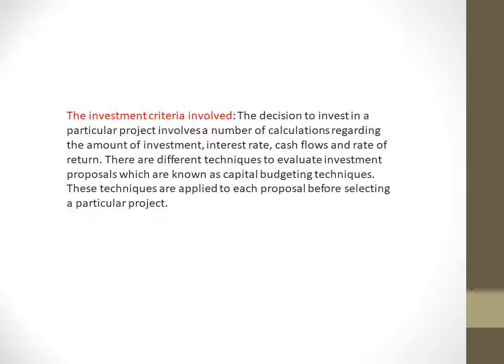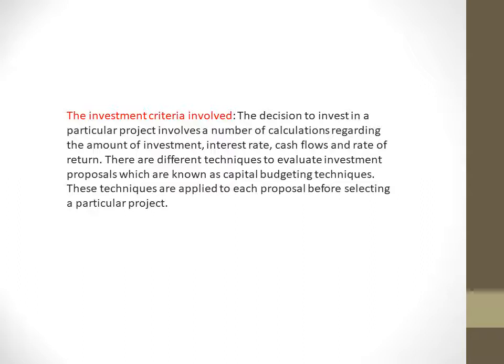The next one is investment criteria involved. There are various methods to calculate the return, as well as the criteria, that is, what will be the purpose of investment. The investment in a fixed asset may be done for the purpose of production, or just for the purpose of resale.